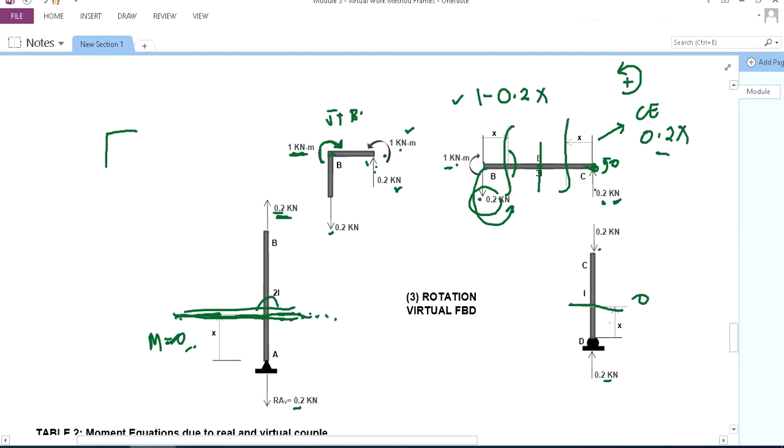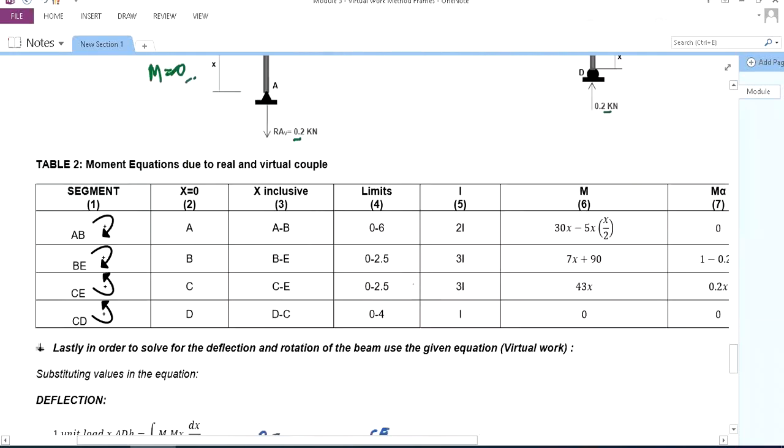So, our real system is the same, so the moment equation is the same.